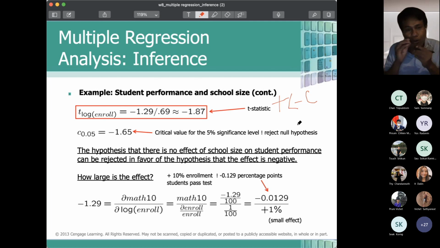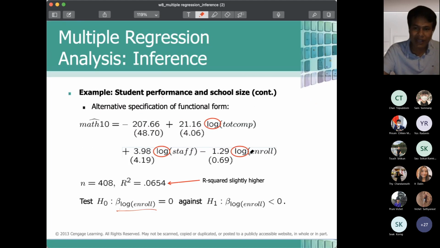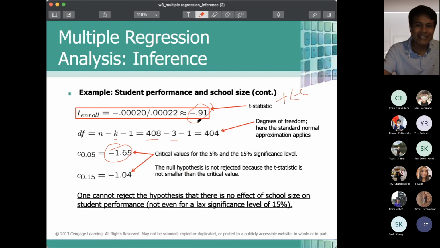So when you read the literature review, you have to know why the literature review uses log or non-log. Then you have to follow that, because they have some assumption in their mind, or because of data, right? Again, when they don't use log, as you can see earlier, the t value is smaller than the critical value.